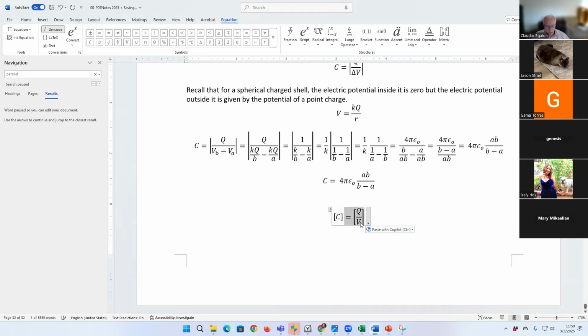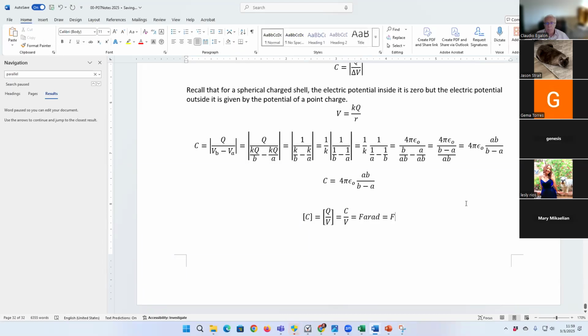It's going to be Coulomb over voltage, and this unit shows up so frequently in physics that we call it the Farad, the unit of Farad.